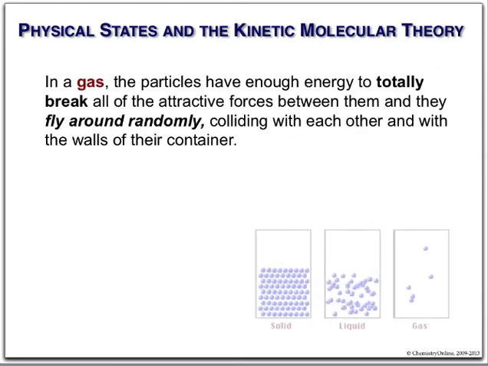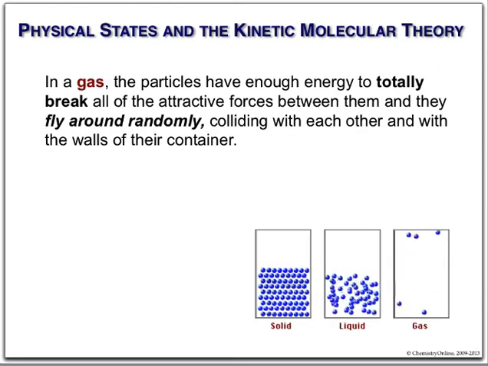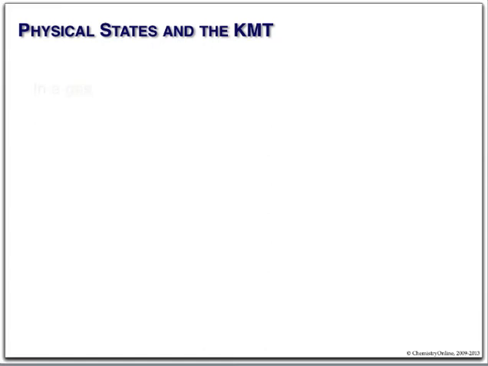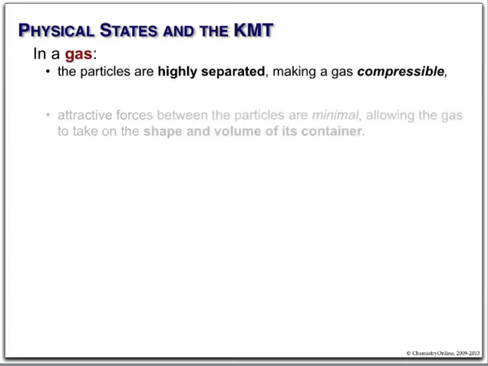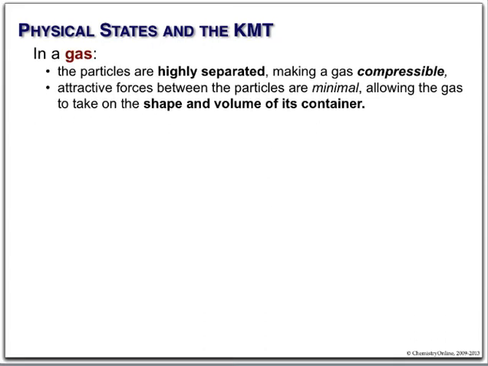Finally, when we get to the gas phase, we have put in enough energy that we have totally overcome the intermolecular forces, and gas particles fly around until they hit each other or their container. This means, according to the kinetic molecular theory, the particles in a gas are highly separated, making them compressible. They have minimal attractive forces, therefore they take on the shape and the volume of their container.